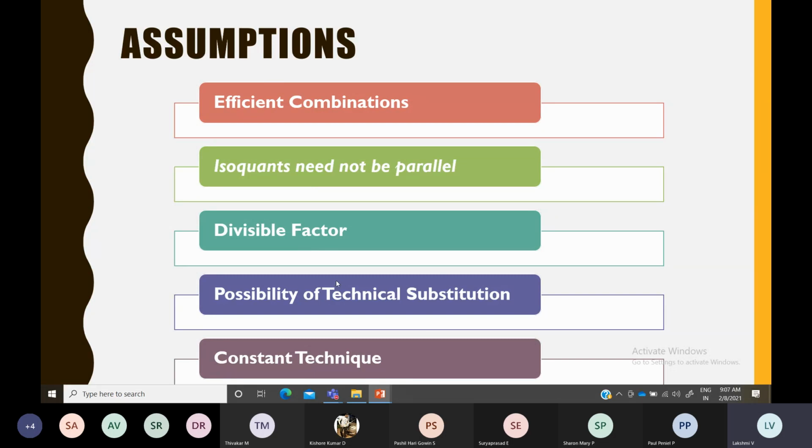Then you will be using the marginal rate of technical substitution. Marginal rate of substitution means you are going to substitute one good for the other.